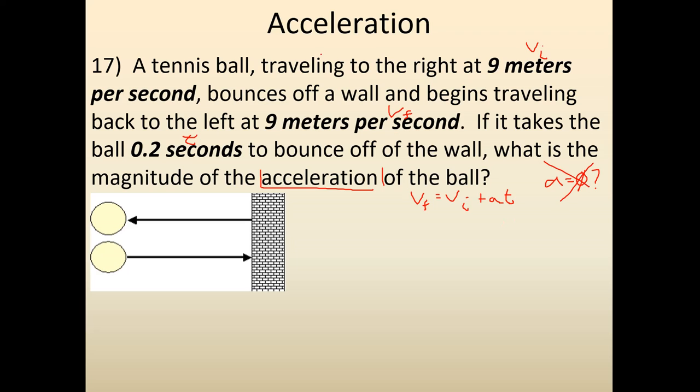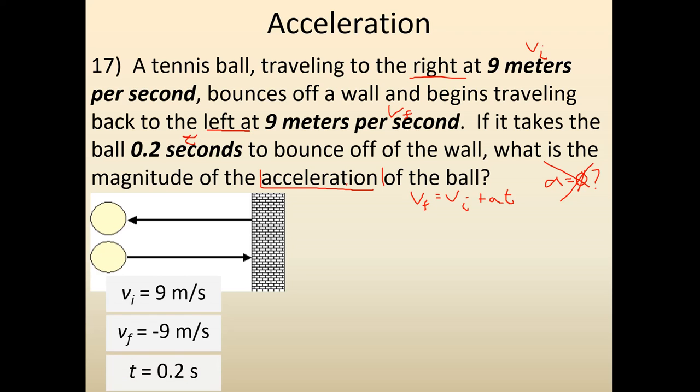That's wrong. What ends up happening is I have to distinguish that one of these speeds is going to the right and one of these speeds is going to the left. So the way I do it is by making one of them positive and the other one negative. So I'm going to say that my initial velocity is 9 meters per second, but then my final velocity is going to be negative 9 meters per second. And my time is going to be 0.2.